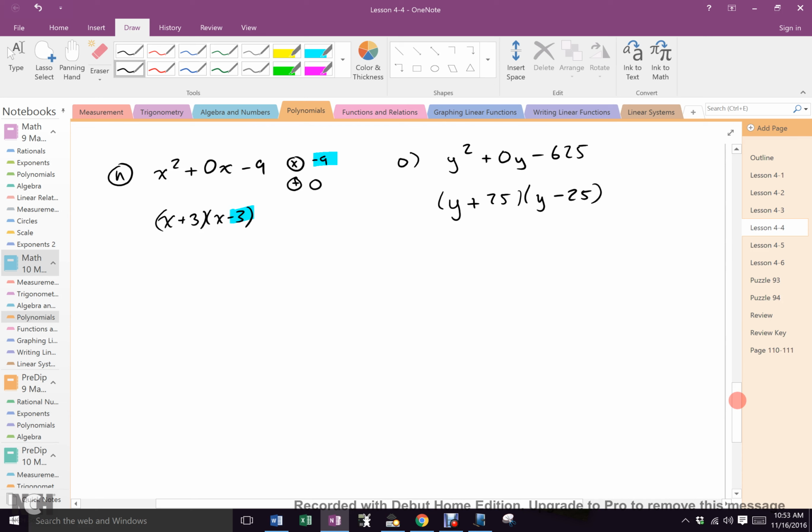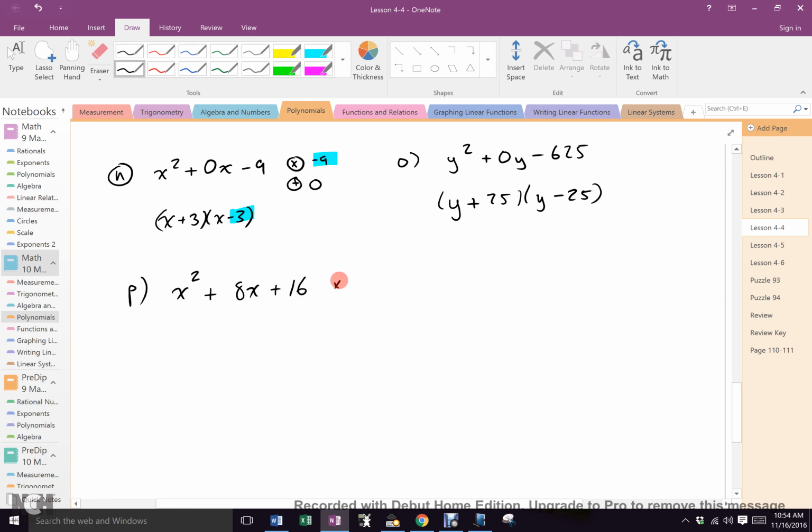Yeah? Okay, so then P is going to be lightning bolt squared plus 8 lightning bolt plus 16. Okay, what's that going to be? X. What's that going to be?